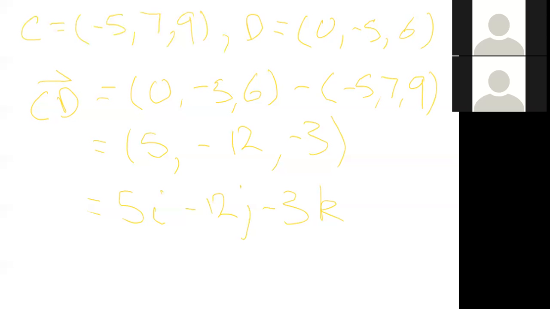For the next part, question B, we want to use that answer to write down 6CD and -5CD. So 6CD, we just multiply by the constant. So 6 times 5i minus 12j minus 3k, and just multiply that number through. So it'll be 30i minus 72j minus 18k.